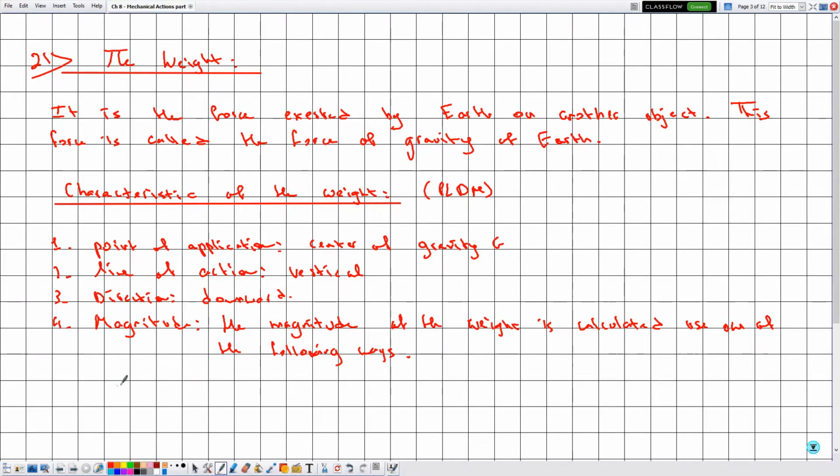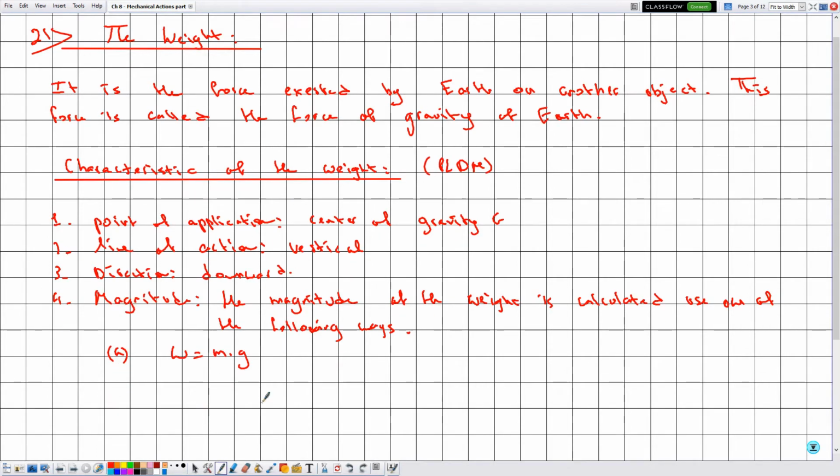Let me start with the first one that we have seen previously, which is that the weight is equal to m multiplied by g. We are all familiar, I expect, with this one. The second one, which we have also faced, is using a spring balance or a dynamometer.